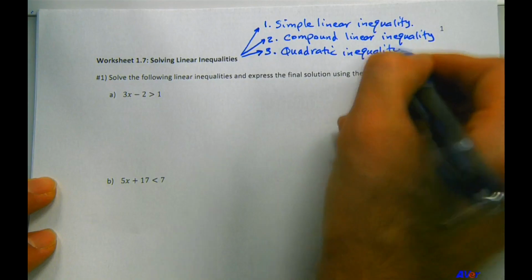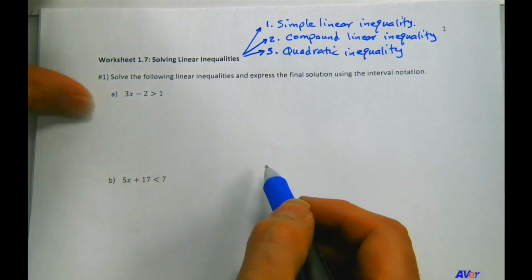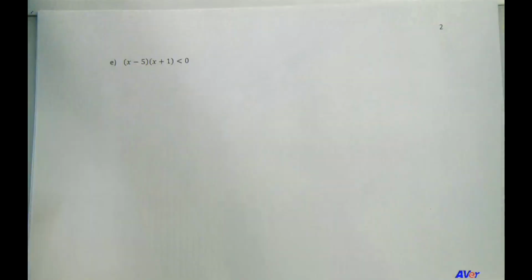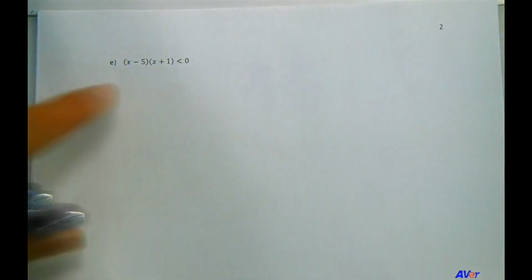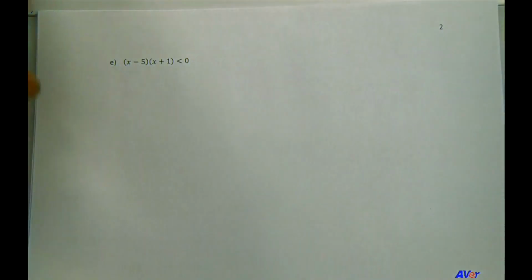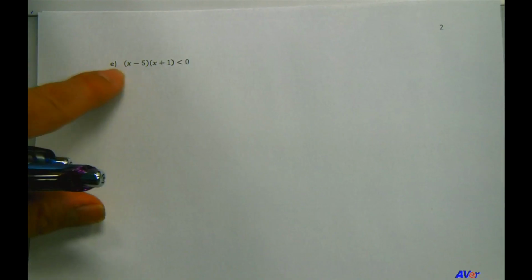So what's a quadratic inequality? Well, any inequality with an x to the second power would be a quadratic inequality.